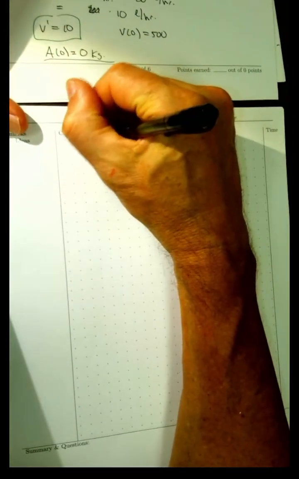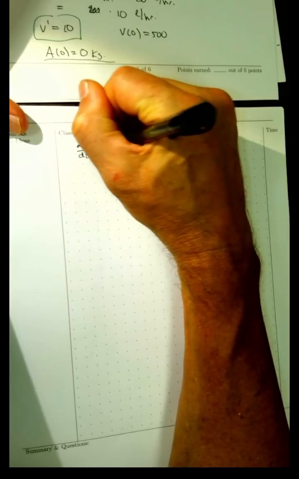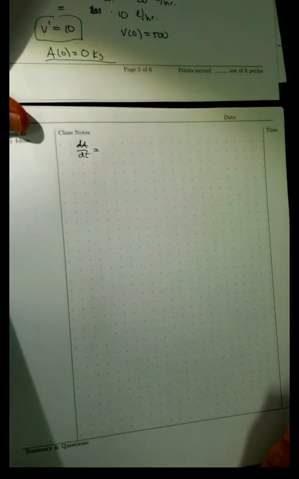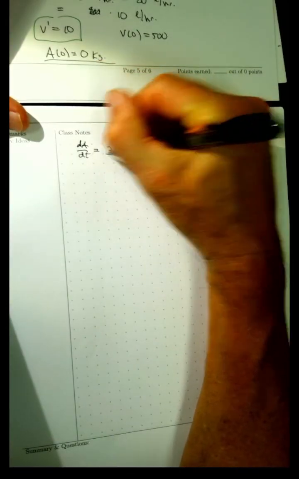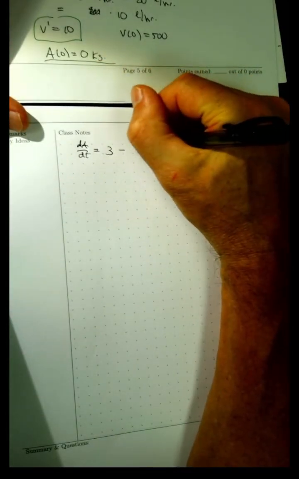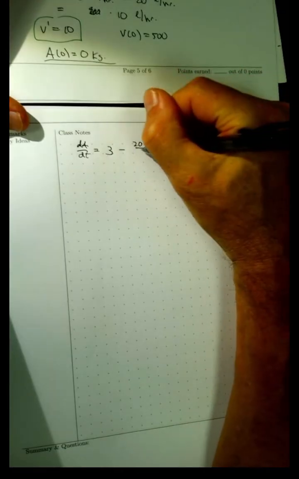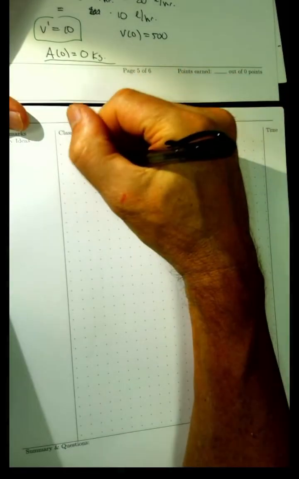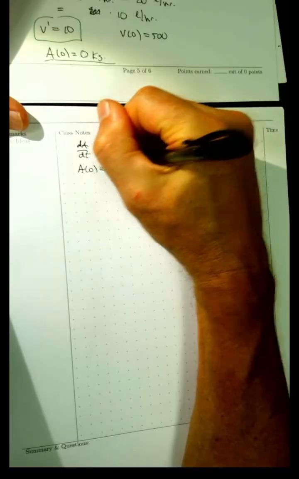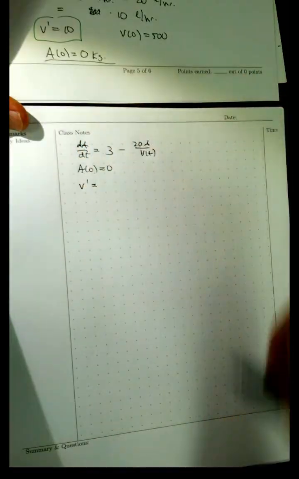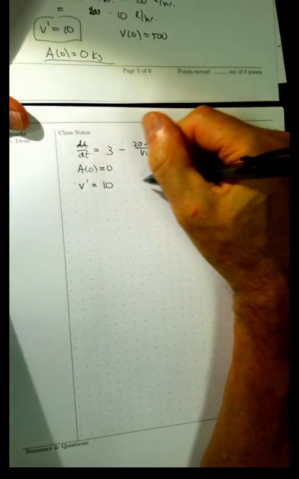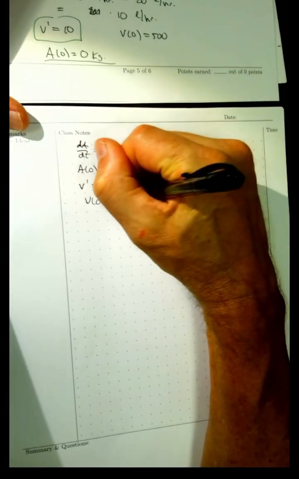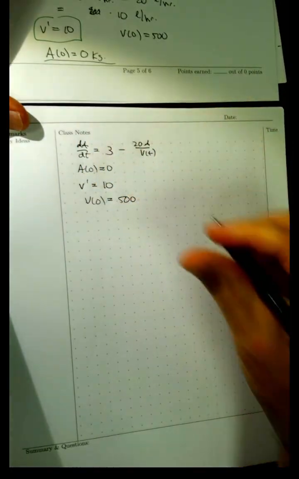We have dA/dt is the rate in, which we said is 3 kilograms per hour, minus the rate out, which is 20A over V of t. A of 0 is 0. And the derivative of the volume is 10 liters per hour. And V of 0 is 500.